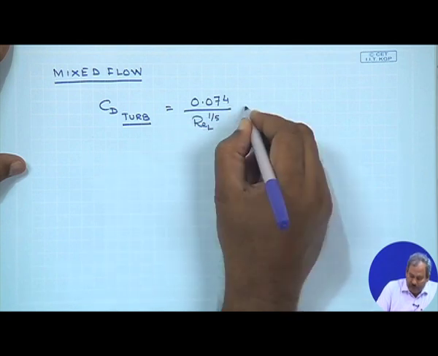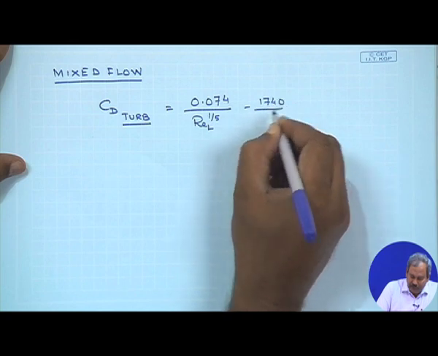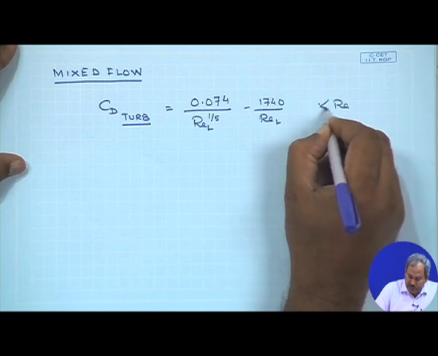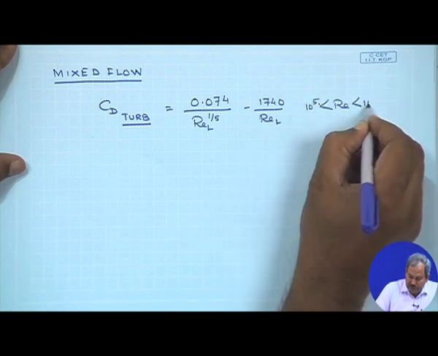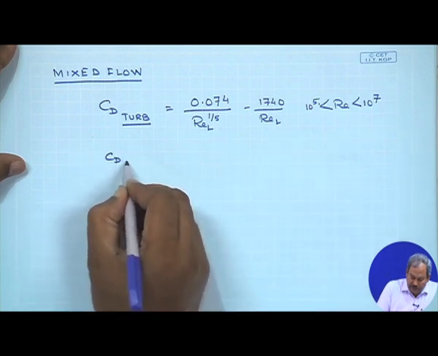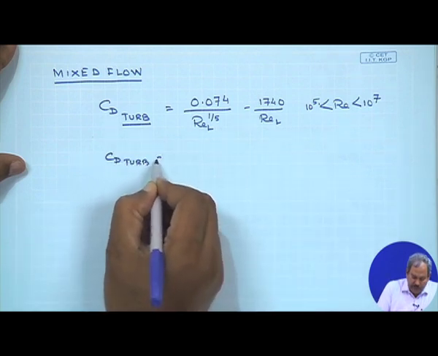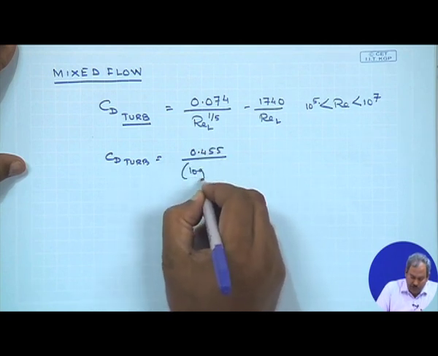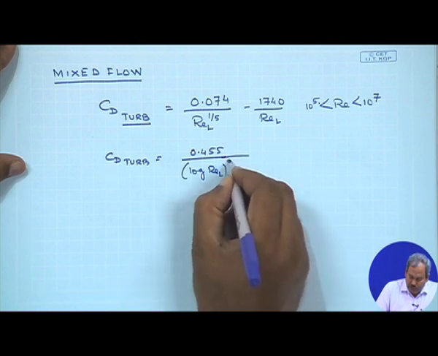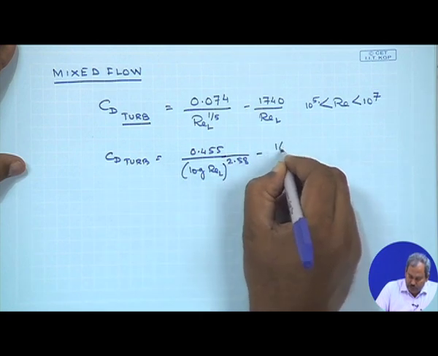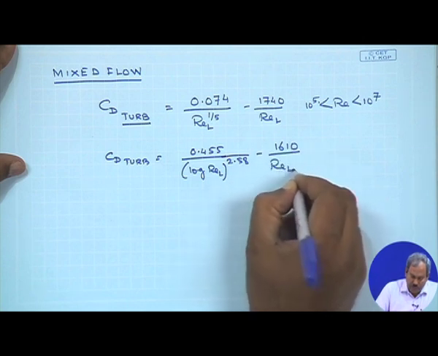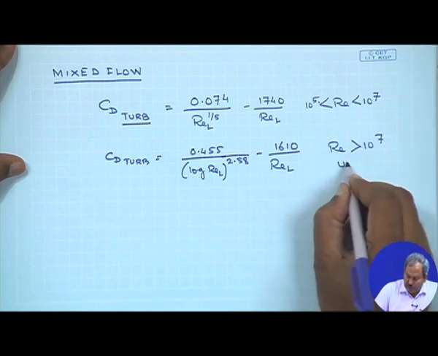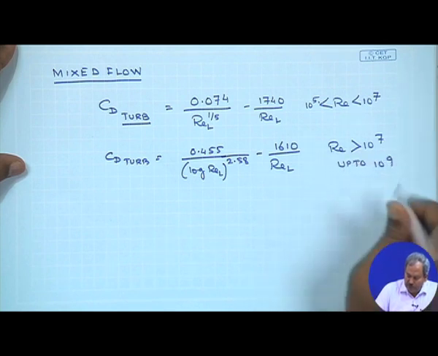CD = 0.074/REL to the power 1/5 minus 1740/REL, where Reynolds number is greater than 10 to the power 5 but less than 10 to the power 7, and CD turbulent = 0.455, the same expression that we have used before, where Reynolds number is greater than 10 to the power 7 all the way up to 10 to the power 9.